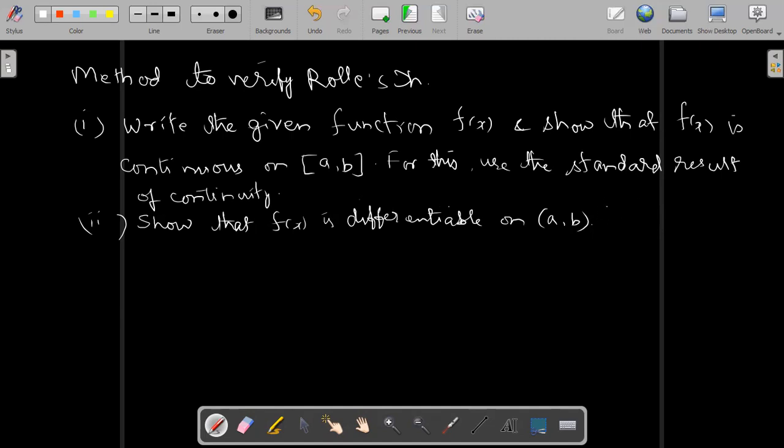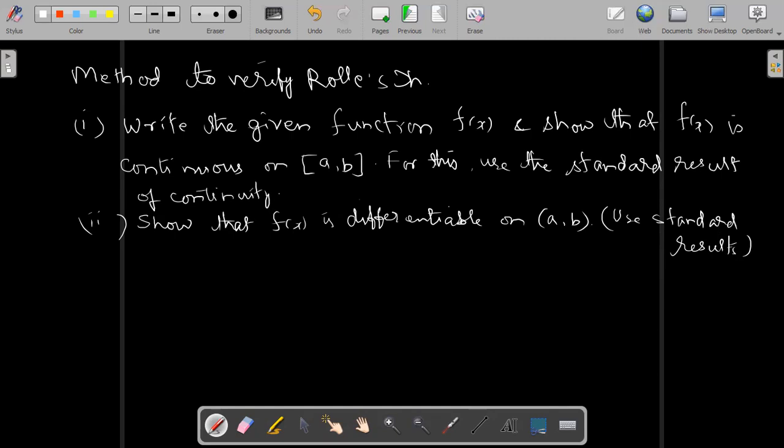Here also we can use standard results. Generally we are not going to prove continuity or differentiability using left hand limit, right hand limit or left hand derivative.